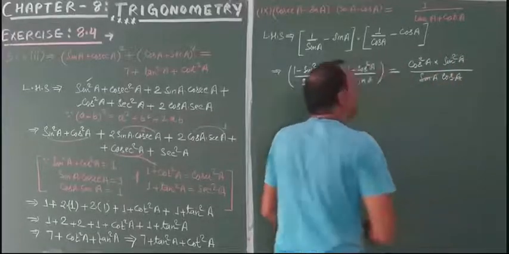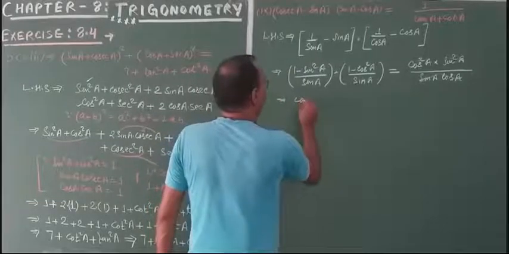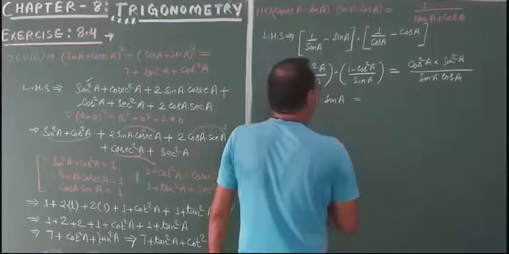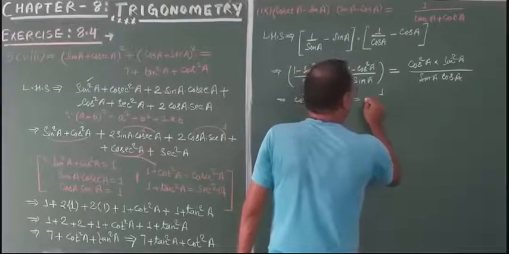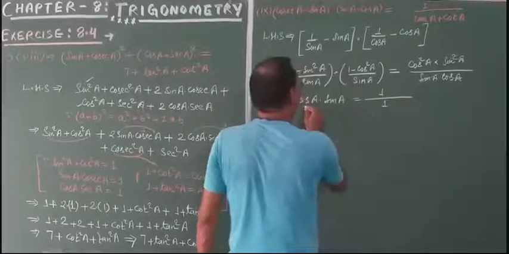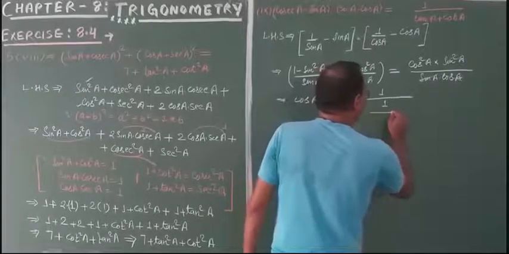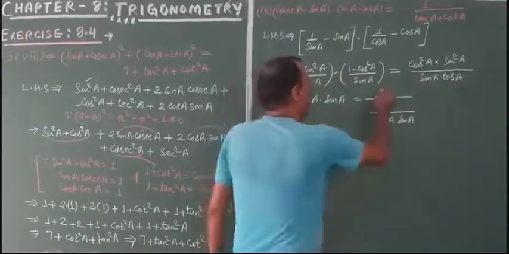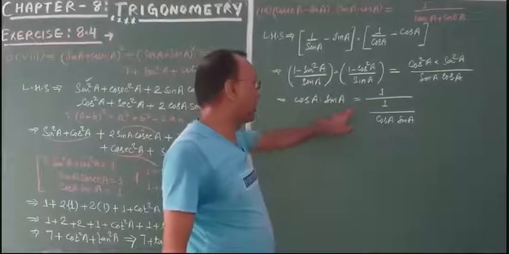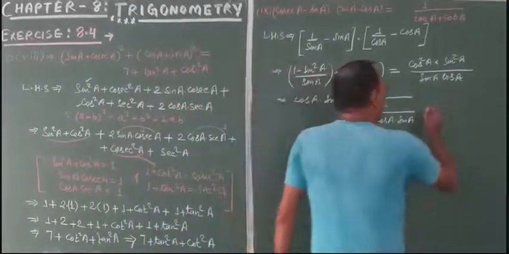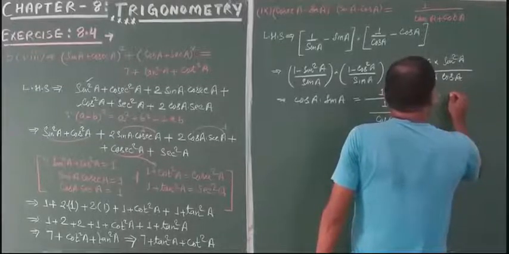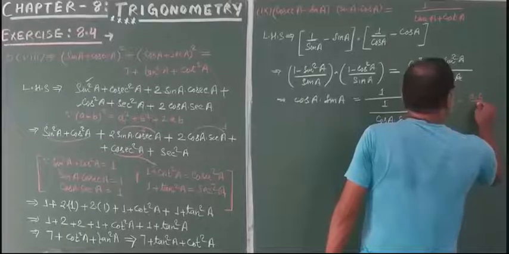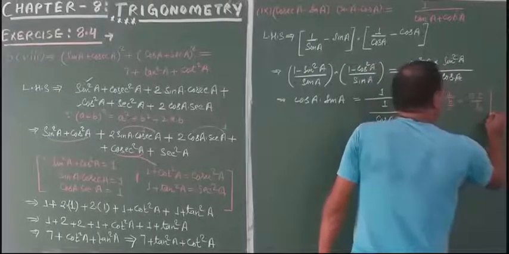So simply we will get cos A into sin A, cos A into sin A, and this cos A into sin A can be written as 1 upon cos A into sin A, because A upon B upon C can be written as A into C upon B. So that's the reason.